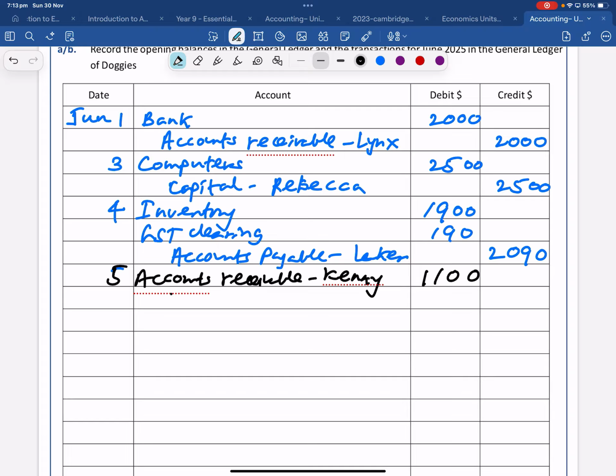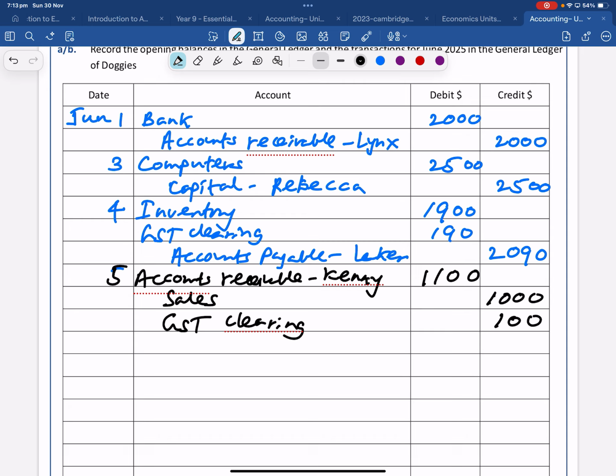Then sales credit 1000. What else? GST clearing 100 at the selling price. Then we have to do the cost price. What's the double entry for the cost price?